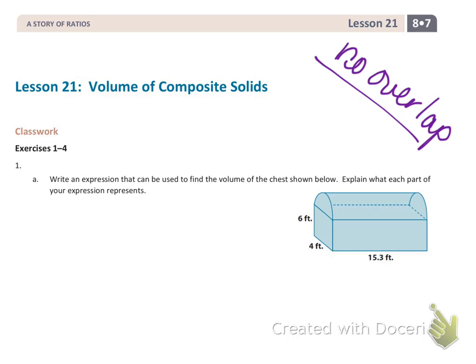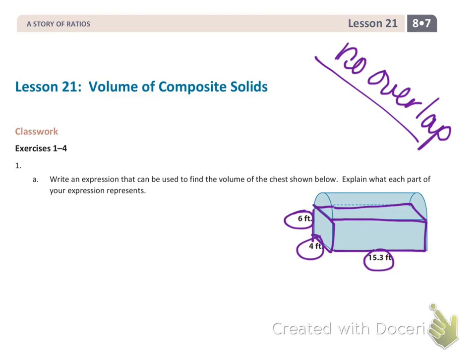So this shape down here, we want to find the volume of it. We can see that the bottom part of it, this part here, is just a rectangular prism, and we know how to find the volume of that piece by multiplying length times width times height.